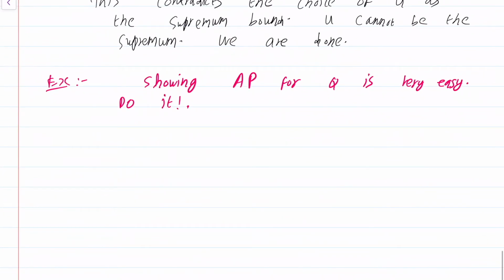We have a nice corollary of this. Corollary.